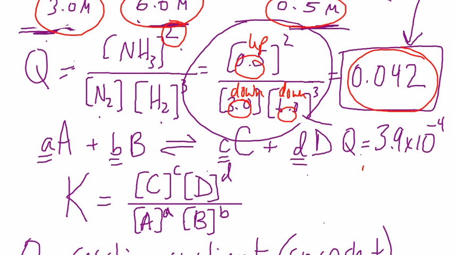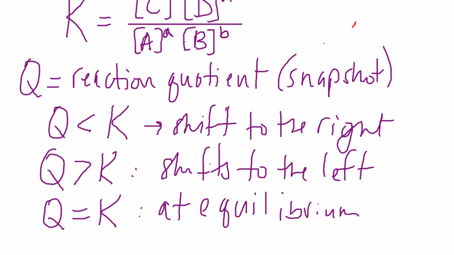And if we have not the actual equilibrium but just a snapshot of a reaction at any one time, we can plug those concentrations into our equilibrium expression and compare to K. If Q is smaller than K, the reaction has to shift to the right to produce more products to achieve equilibrium. If Q is greater than K, the reaction has to shift to the left to consume products to achieve equilibrium. And if Q is equal to K, then we have achieved equilibrium.